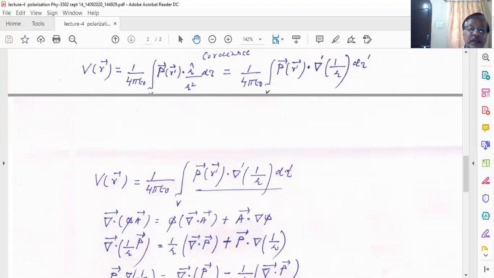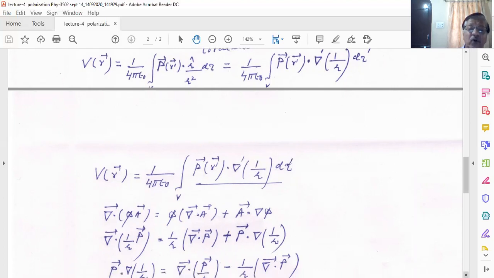So we can write this. Now what do we want to find out? We want to find this product: vector P dot the gradient of 1 upon r with respect to the source coordinate.